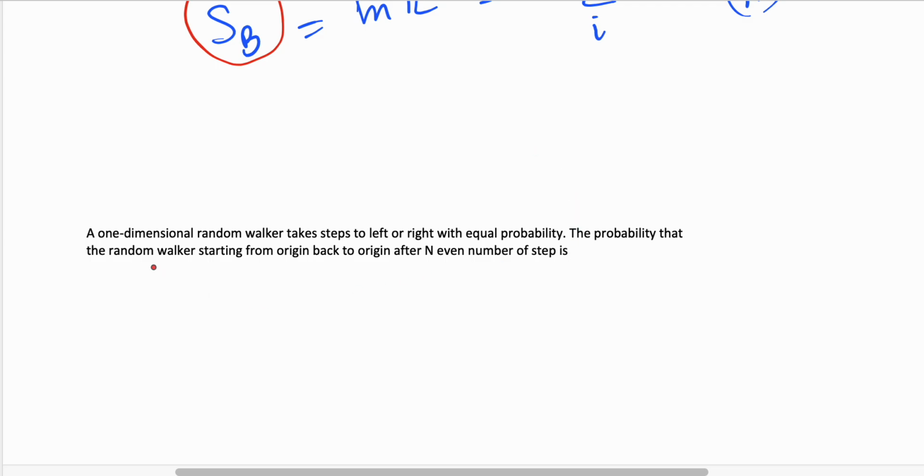The probability that the random walker starting from the origin is back at the origin after n, an even number of steps, is... Okay, so let's do it. It's a very standard question, but I am doing these questions here because some of you asked me to solve different questions from the previous assignment of the course.